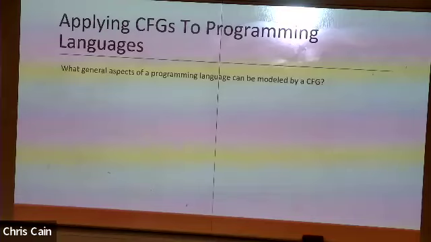This may be a question you can answer. If we take and break down a programming language a bit, what generic aspect of a language can be modeled by a context-free grammar? Thinking about the power of a context-free grammar, what is it able to accept or reject adequately?